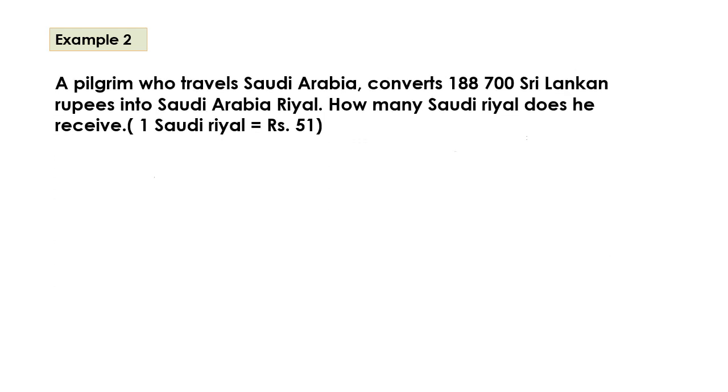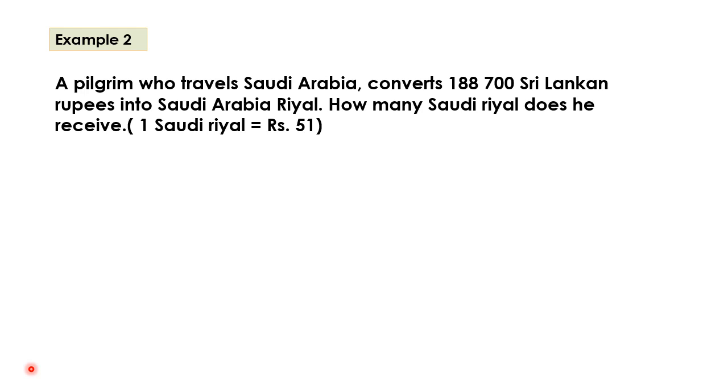Example number 2. A pilgrim who travels to Saudi Arabia converts 188,700 Sri Lankan rupees into Saudi Arabian Riyal. How many Saudi Riyal does he receive? Here, 1 Saudi Riyal is equal to rupees 51.